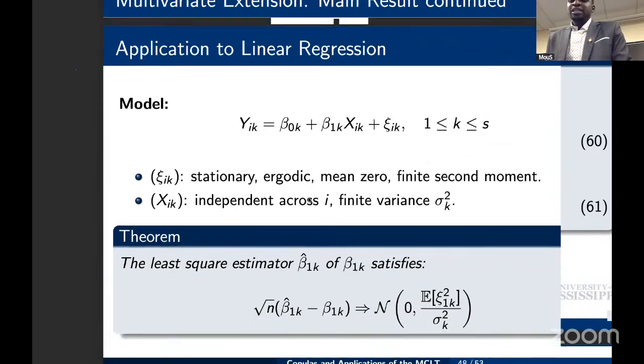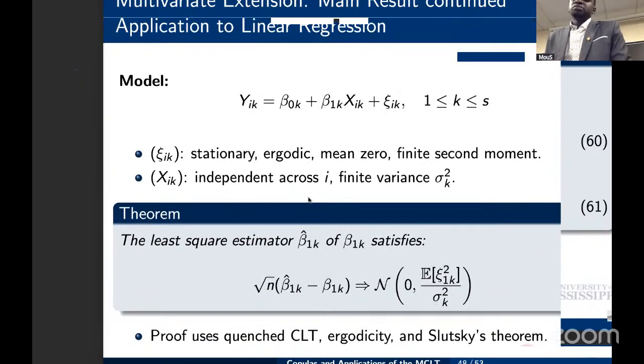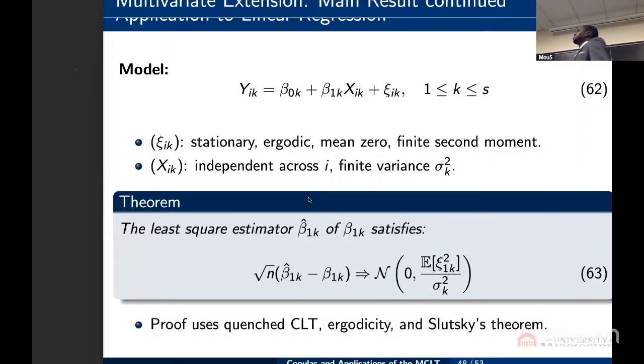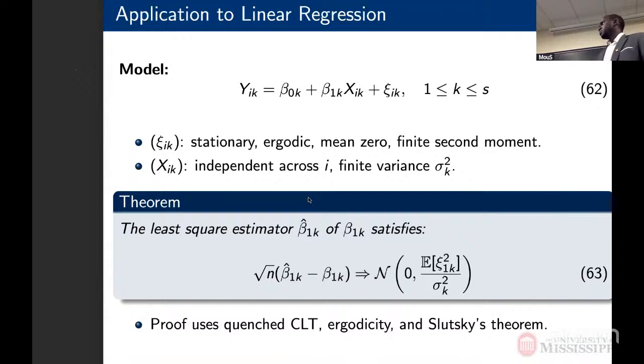We applied that result to linear regression. So the model that we consider is given by equation 62, where epsilon ik is stationary, ergodic, and mean 0, with finite moments as well. And xik is independent across i's and has finite variance, sigma squared.